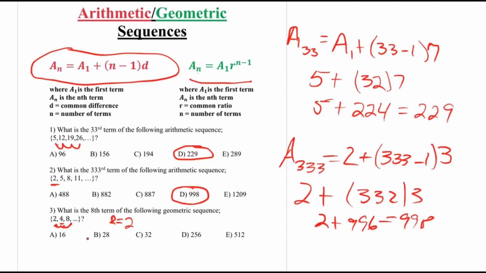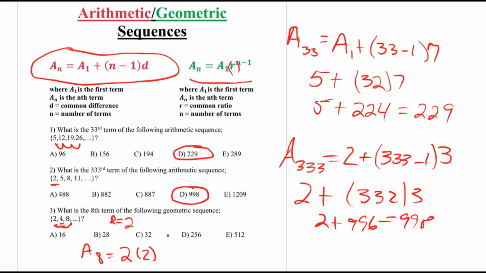Plugging into the formula, the 8th term, a sub 8, equals the first term, which is 2, times r, which is in parentheses. We should put it in parentheses here. Let's change this to parentheses.